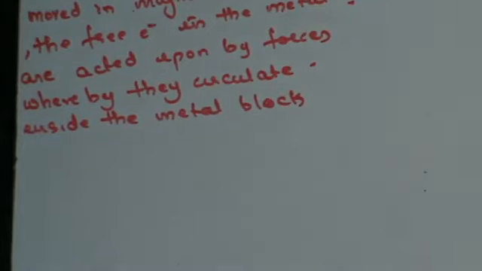This circular current which is set up inside the metal block is very similar to a whirlpool or an eddy, and hence this is called an eddy current, right?